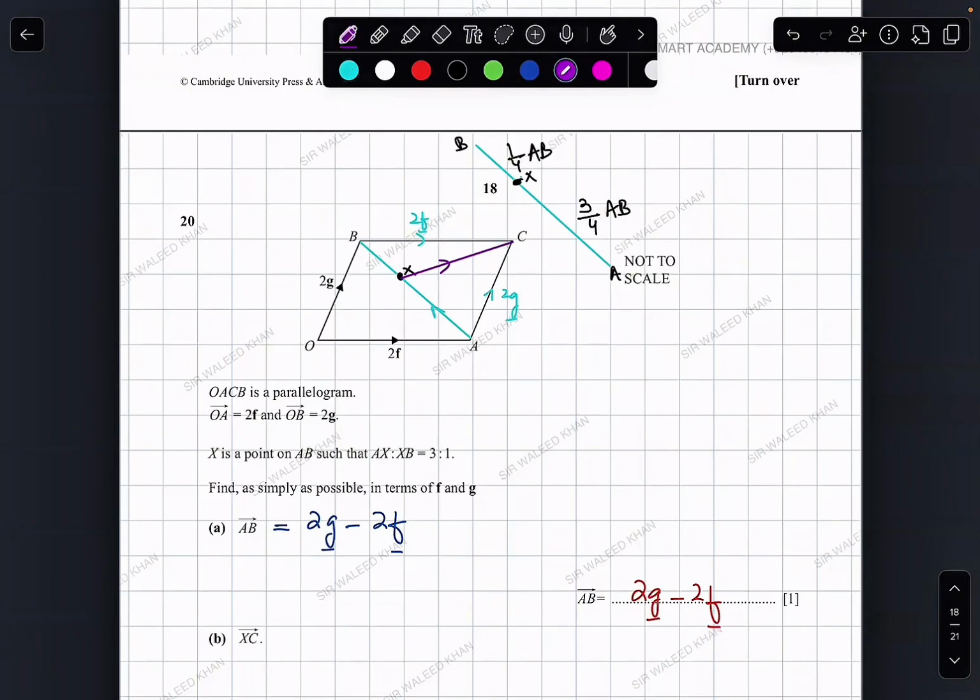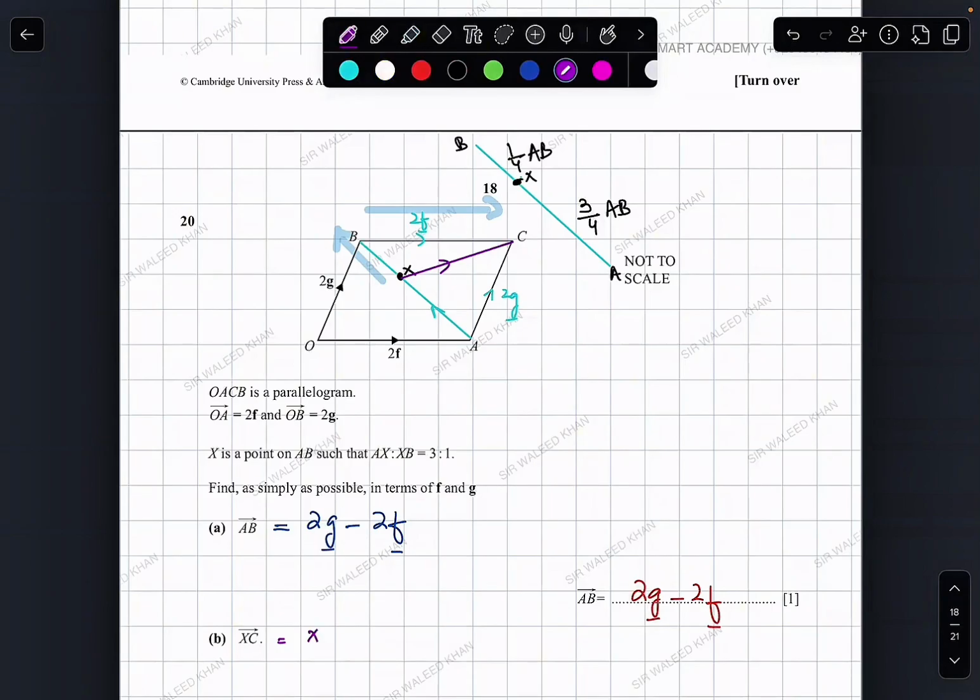Now, XC will be, if I want to move from X towards C, I have to use this path. Either this path or the other path. It's your choice. Try to use the shorter one. So that means XB, same direction, and BC, same direction. So both will be positive.